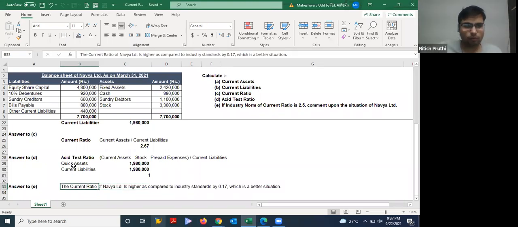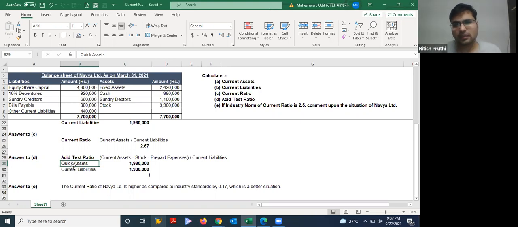All right. I hope you are clear with the concept of how you have to calculate the current assets, current liabilities, and the corresponding current ratio and the asset test ratio from a particular balance sheet of any entity. So let's say you take up a balance sheet of Reliance Limited or Airtel or any other company. You just have to open the balance sheet, go to the asset side, and classify whether this is current asset or non-current asset.